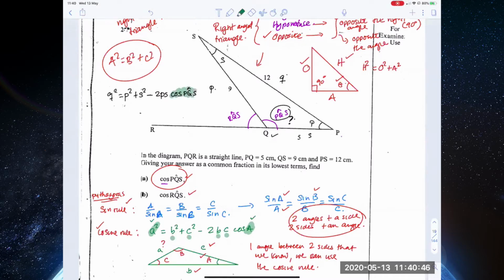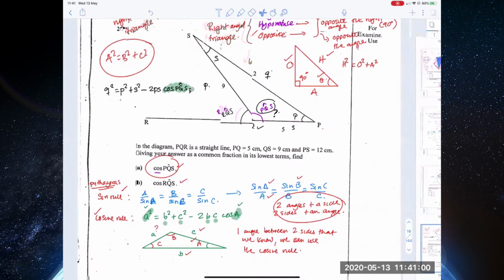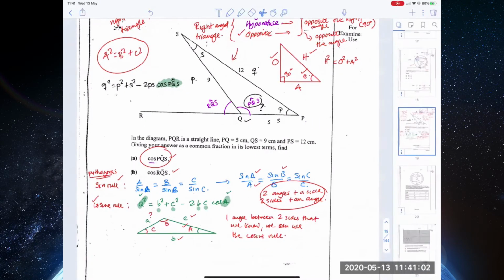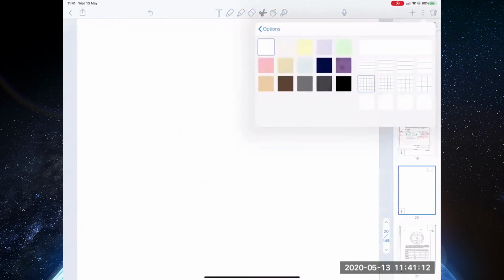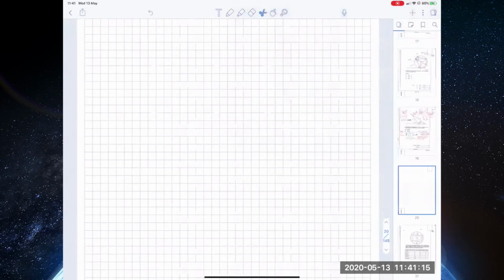Okay, so now let's take this, because we want to make cos PQS the subject. I'm going to copy this so that I put it where there is more space. I'll create more space, add a page, and I want the paper to be squared like that.